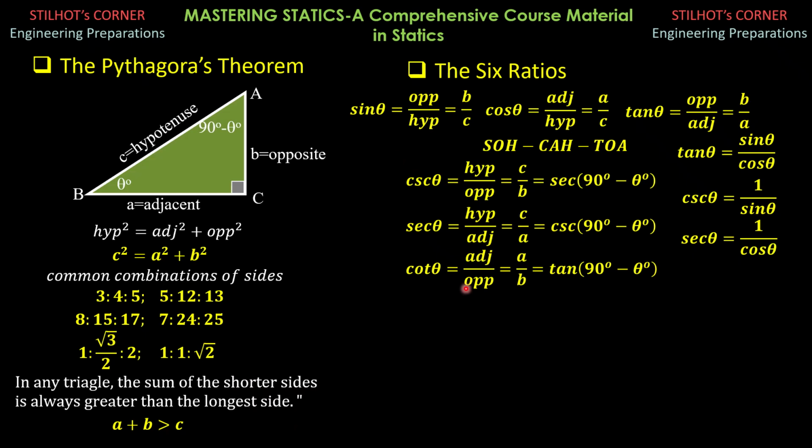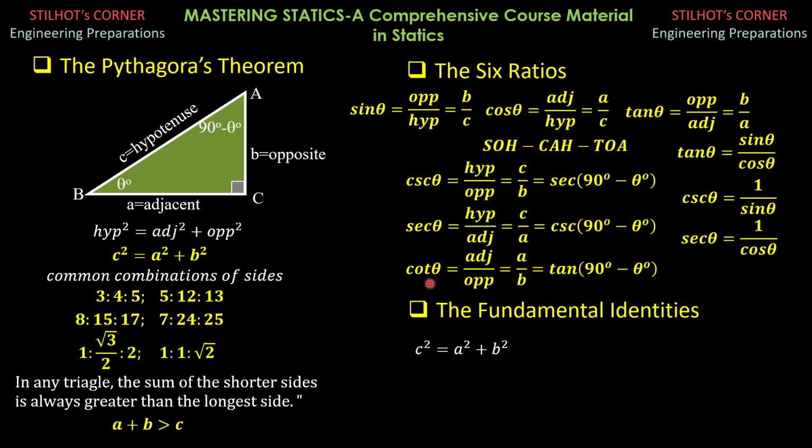Then if we divide this by C, A over C is cosine. If we divide B by C, it is sine. So cotangent theta is cosine over sine of theta. Or in other words, tangent of theta is the reciprocal of cotangent theta.